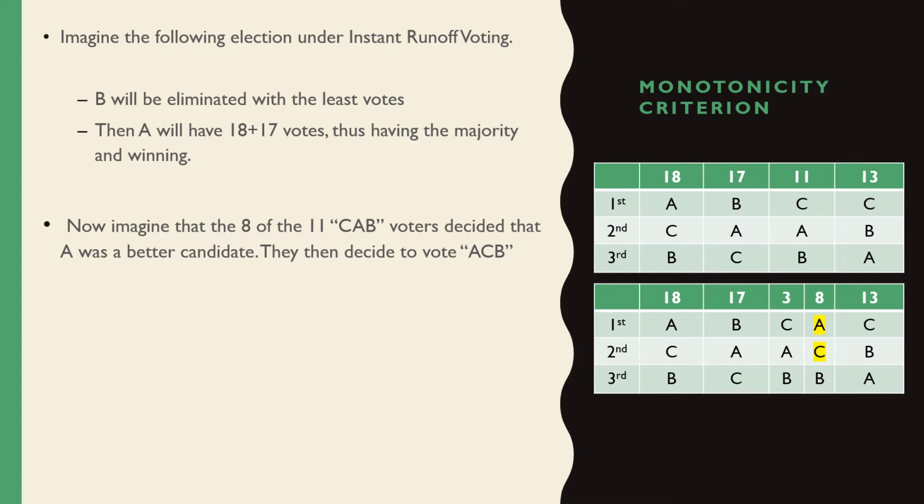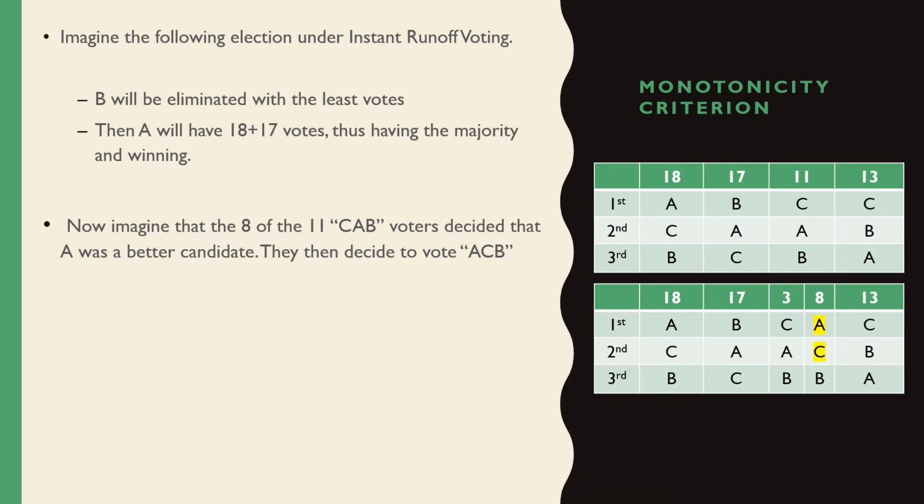So that's what this looks like. We still have the original ACBs, but now we've got a new batch over here with 8, and we still have 3 from the old bunch.